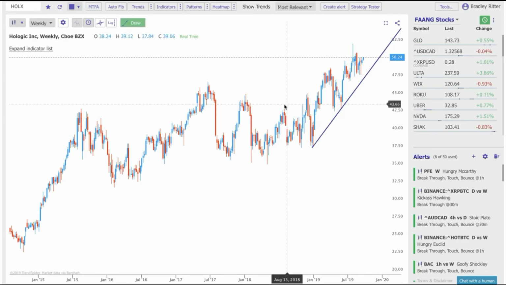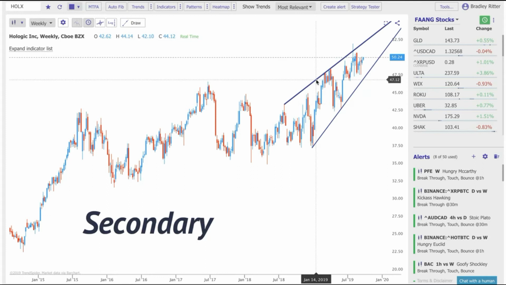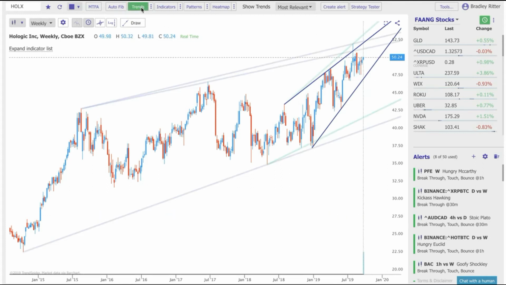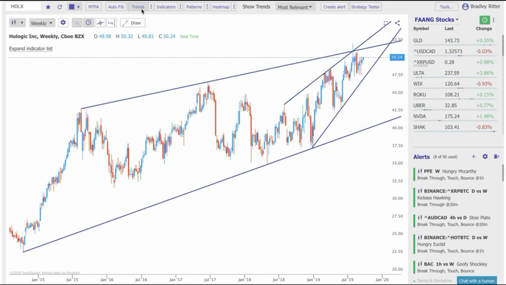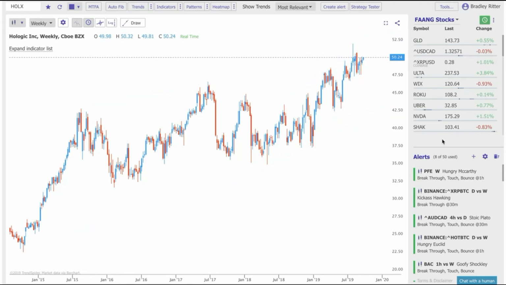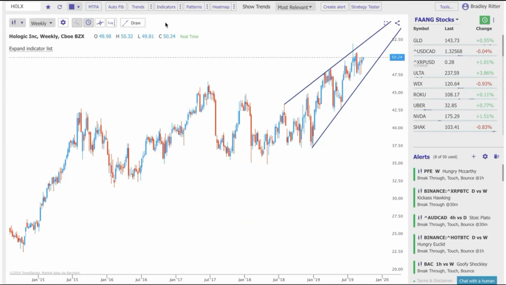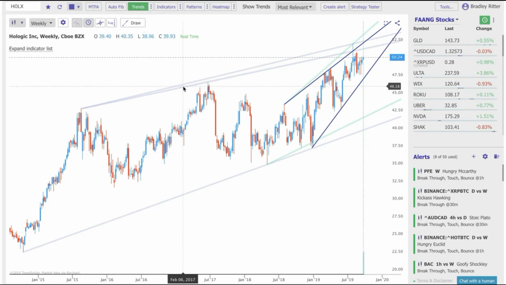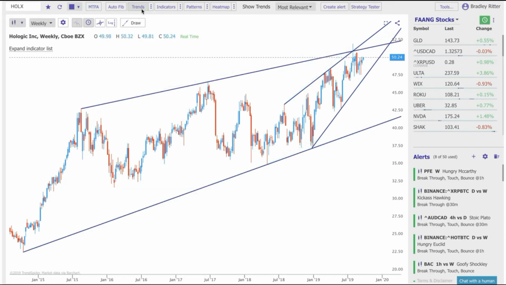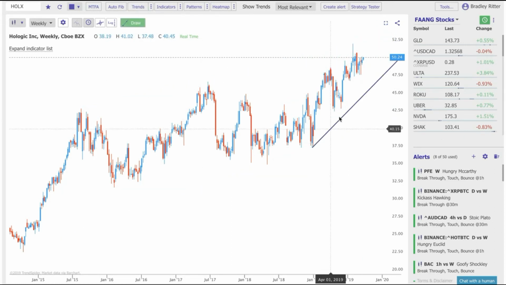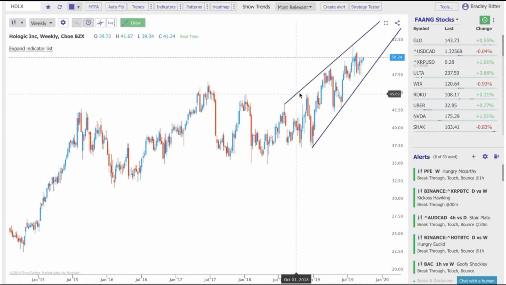The next thing that I want to tell you is that you can draw trend lines, like I said, but sometimes you can draw secondary or perspective trend lines. Right now, you see the main trend lines. We get main trend lines when we draw a trend line between the lowest lows for a support trend line, and when we connect the highest highs, it's a resistance trend line.